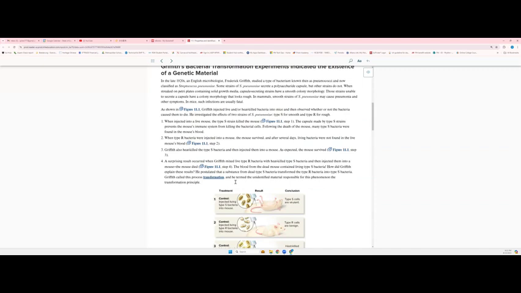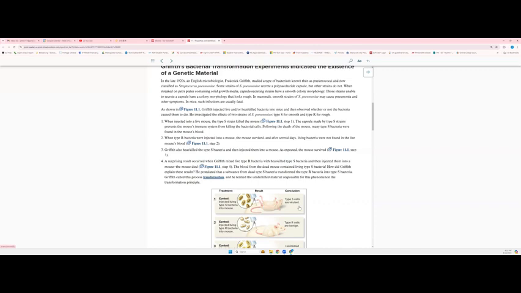And then how did he do it? In his experiment, he was trying to find out what's different between the S strain and the R strain of pneumococcal. So he injected S pneumococcal into mice, and he found out that all the mice died.